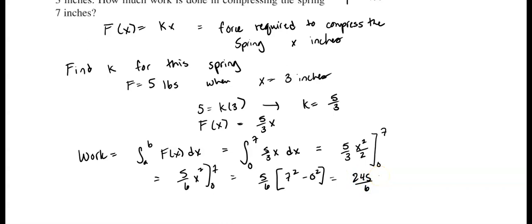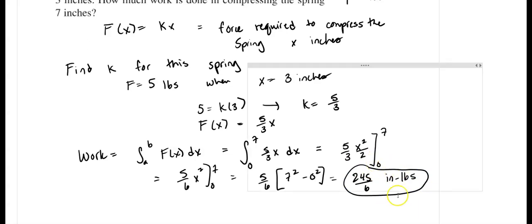And our force is in pounds and our distance is in inches. So we're going to call those inch pounds. Now, if it said foot pounds on your answer sheet, or when you're answering in WebAssign, then you would want to convert from inches to feet before you start the problem. So just be careful about that kind of thing. Make sure you're paying attention.